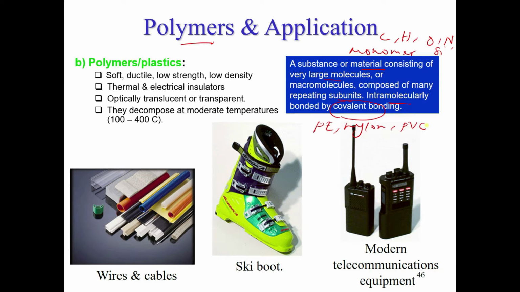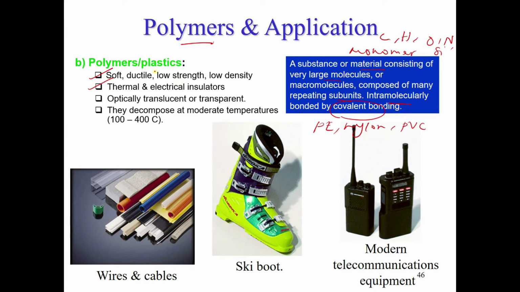This is the main disadvantage of polymer, because it easily loses its strength even at low temperature. So the general property of polymer is soft, ductile, having low strength at low density.